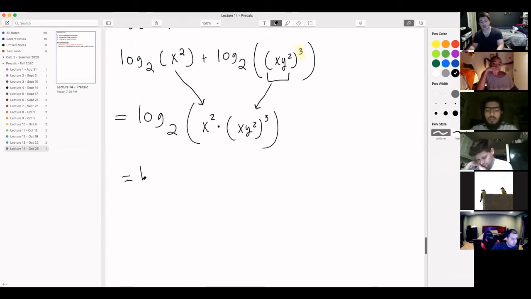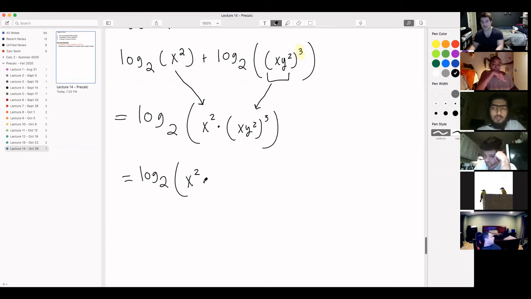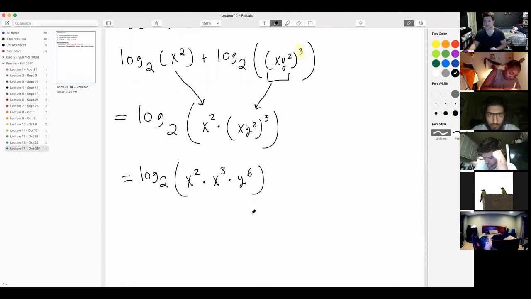So now let's use some old properties of exponents. Look, I have a product raised to a power. I can distribute this power of 3 to each factor. So this would be x squared times x to the third times y to the sixth. Does everyone see how this went to there?